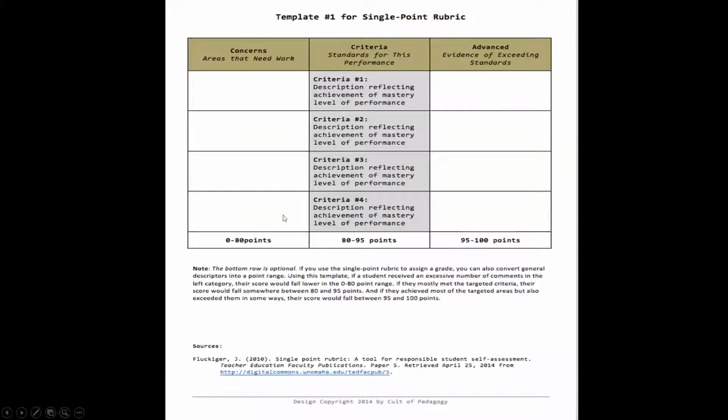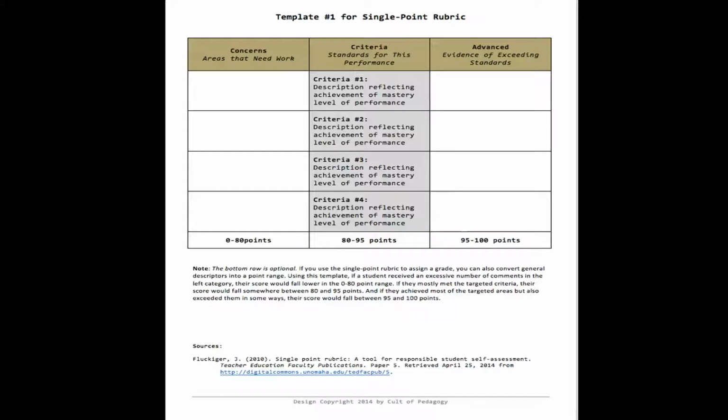For those who have fulfilled the standards, this is it. And the reason why it's holistic in nature is that there's a big gap between 80 to 95. So I can give 93, and it's not really clear cut exactly why I gave that particular score.